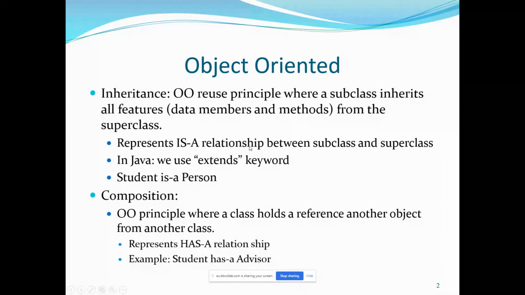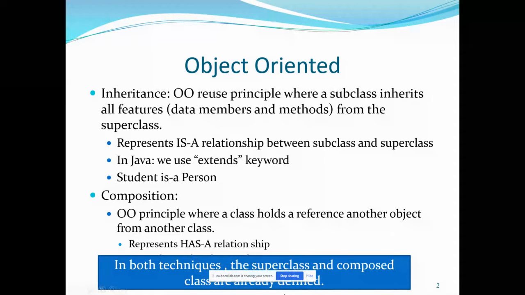Both principles can be used in the context of reusing other code or extending the functionality of other code. Now, in both techniques, the superclass and composed classes are already defined.